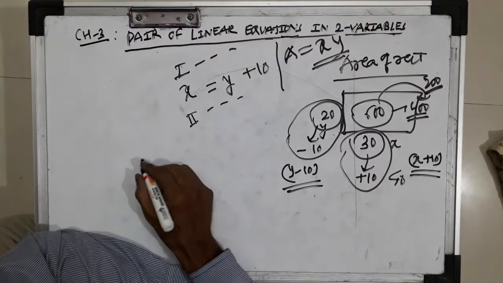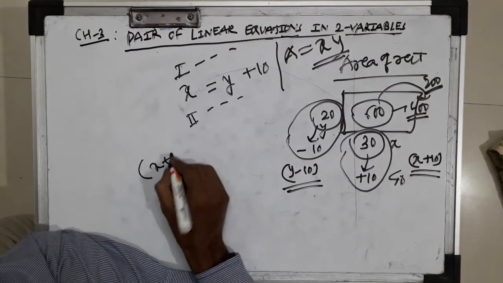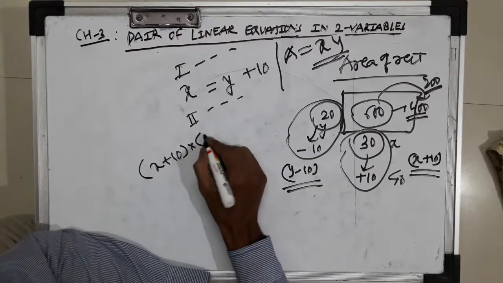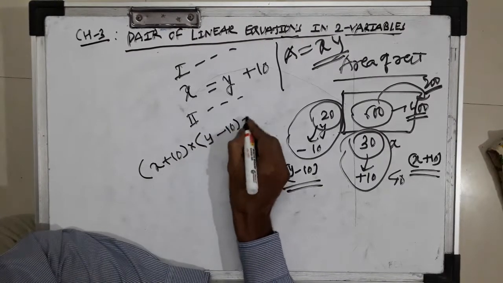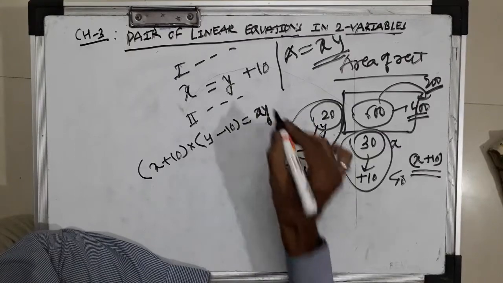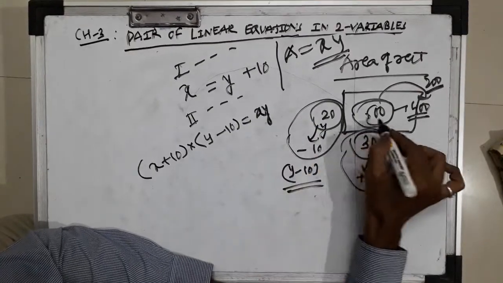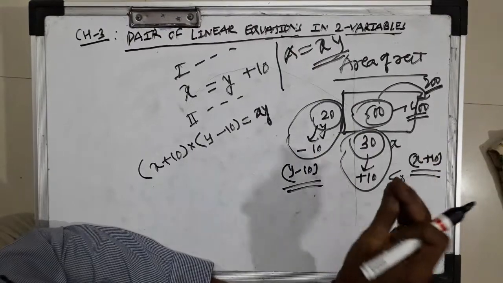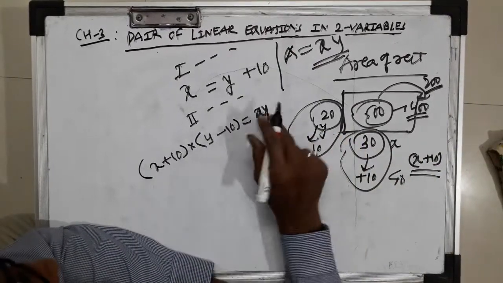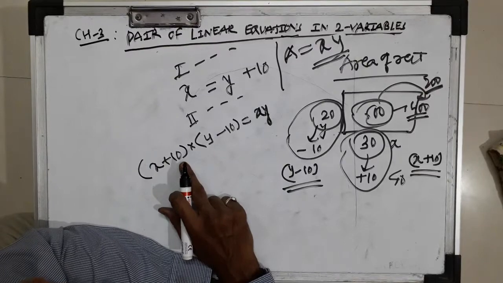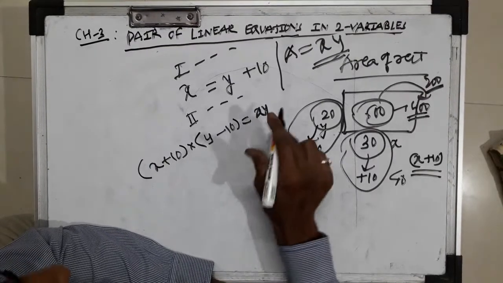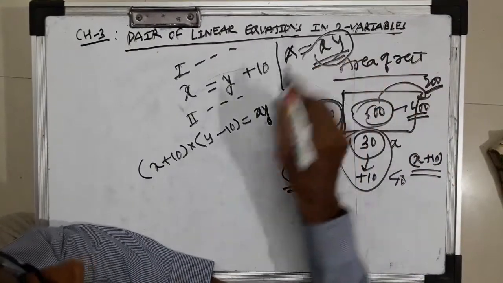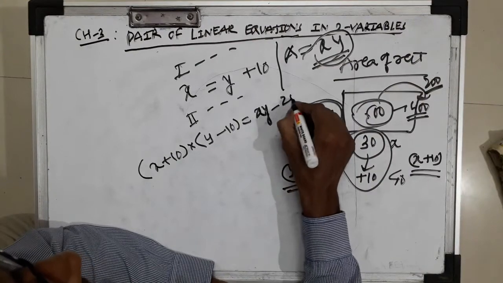By the second condition, if length is increased by 10, means x plus 10, and breadth is reduced by 10, then the area, means xy, not 600 here, because we are taking in terms of variables. This is the example we have formed. Just we are going to explain this. If length is increased by 10, breadth is reduced by 10, the area, means xy, gets reduced by 200 square units.